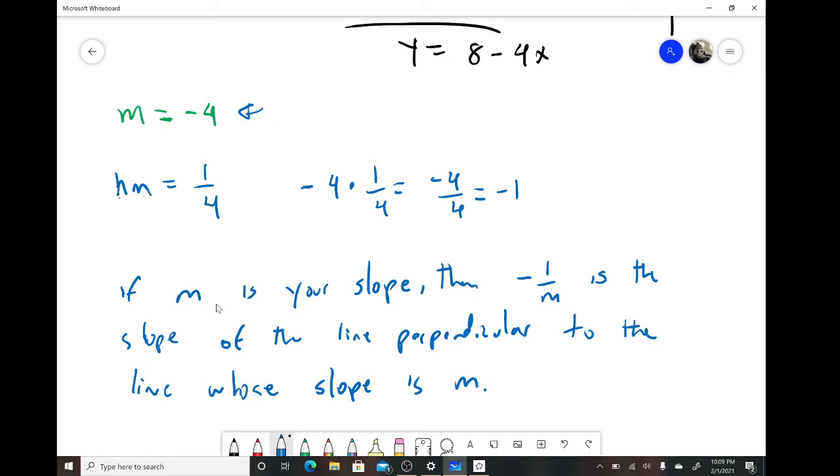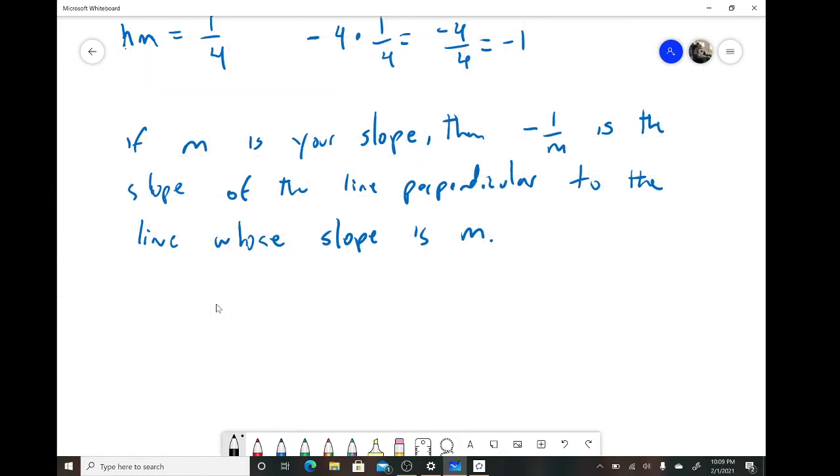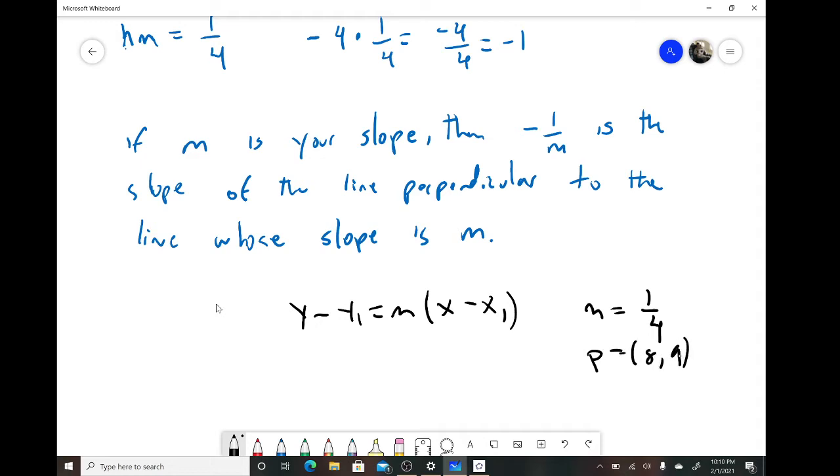Now, let's actually use the point slope formula to find out what the actual equation of the line will be. So again, the point slope formula is y minus y1 equals m times x minus x1. Here, if you recall, m we just found is 1/4, and the point P was 8, 9.